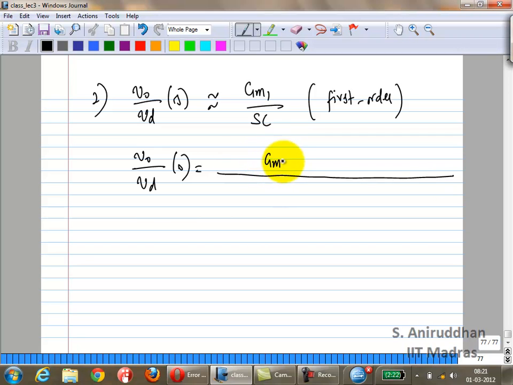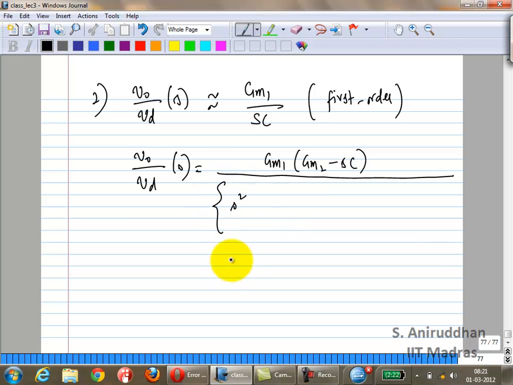GM1 times GM2 minus SC. Okay, so that's the numerator. Did everybody do this? I specifically told you at least 3 times. Did everybody get the numerator correctly? Yes, no, yes. Okay, how about the denominator?